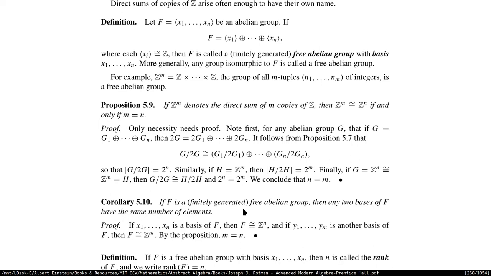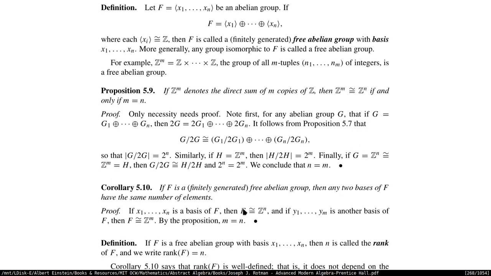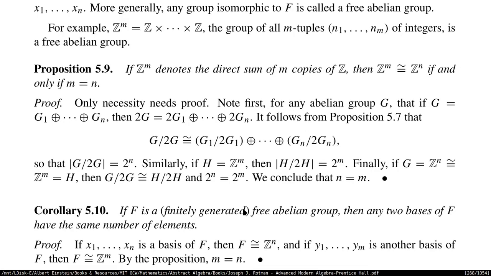Okay, so the proof is also kind of straightforward. Let's go through it quickly. If you have a group that is a finite direct sum of some subgroups, then if you multiply this group G by some integer, you have to multiply each of the subgroups in the direct sum by it, right?